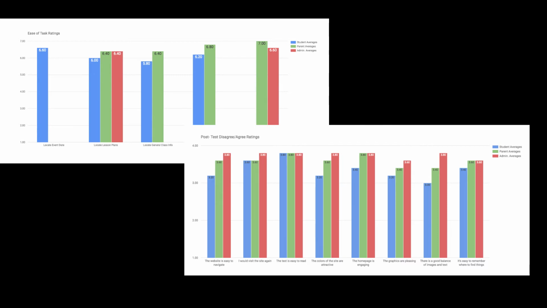And since students are the primary users of the site, improvements could be made to accommodate their technical abilities and feelings towards the site. And although the overall average ratings indicate a successful prototype of the website, minor changes could improve those usability scores from students.